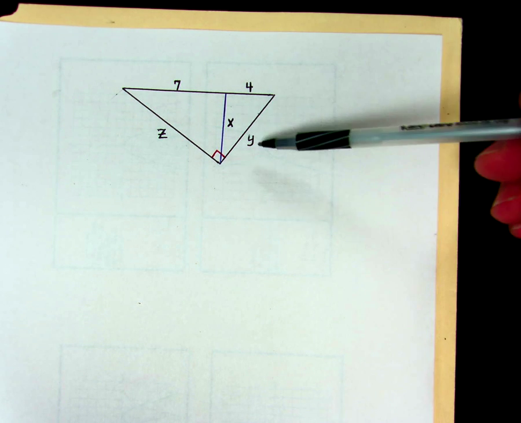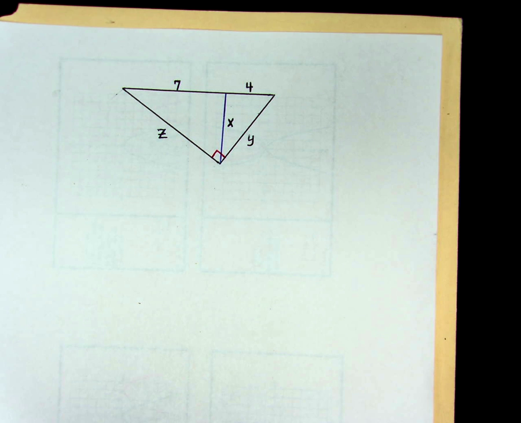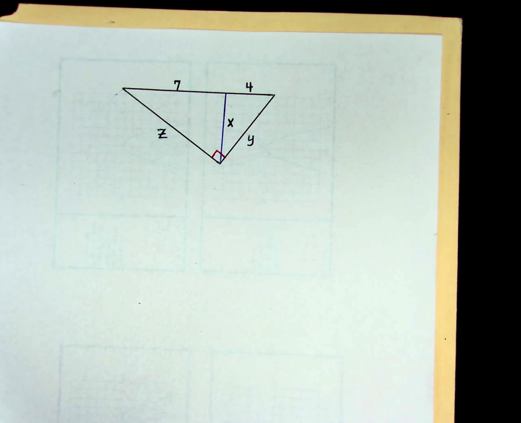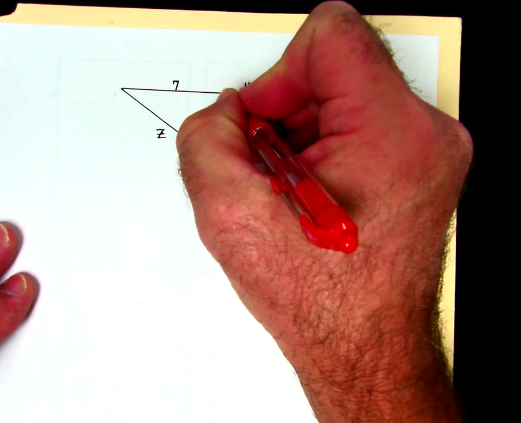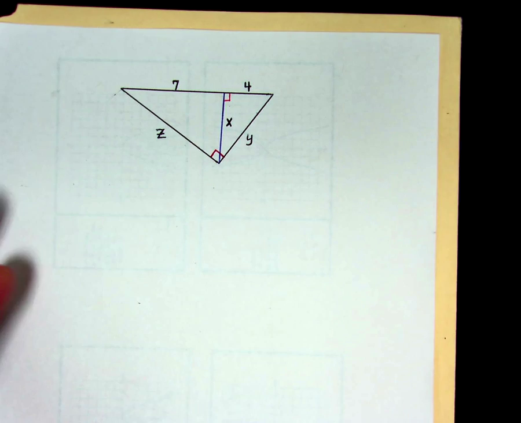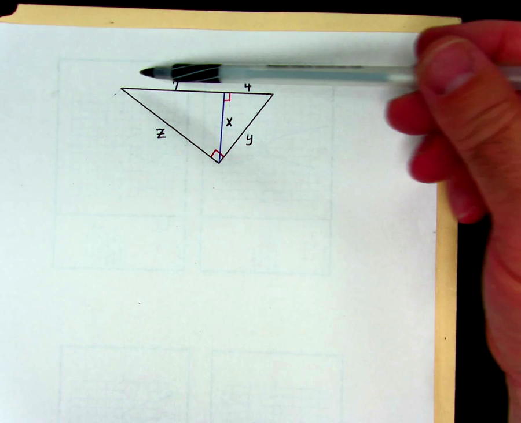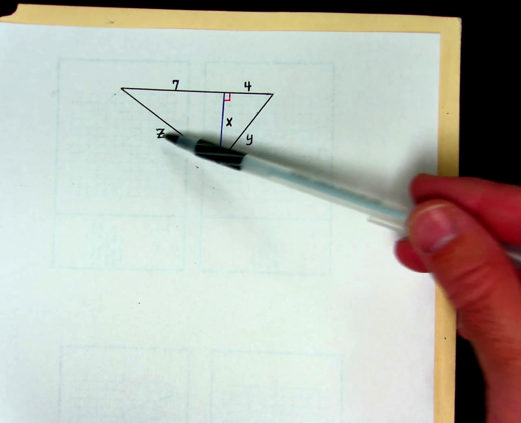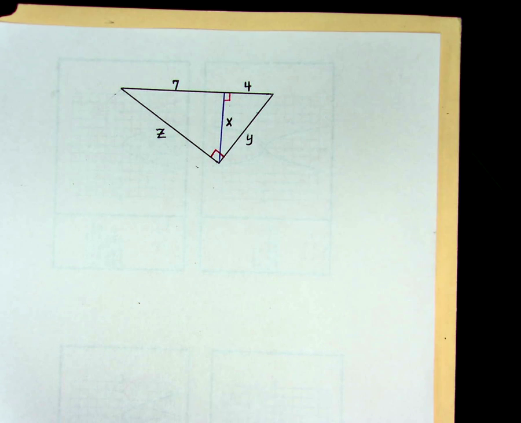We have three values, x, y, and z, that we need to find. Notice that x is the length of the altitude to the hypotenuse of the large right triangle. Y and z are the lengths of the two legs of the large right triangle, respectively.